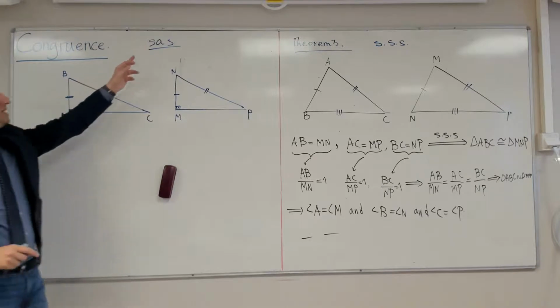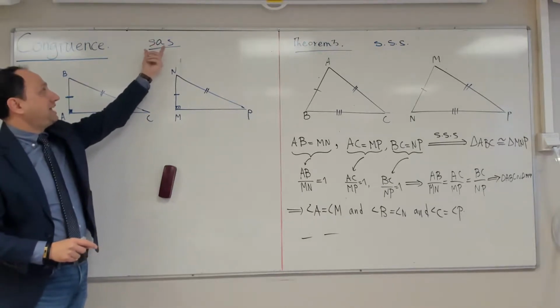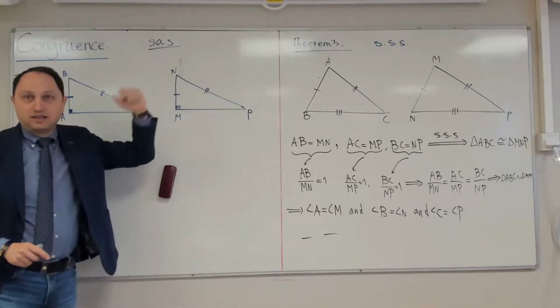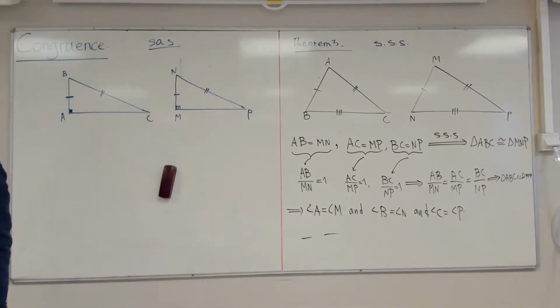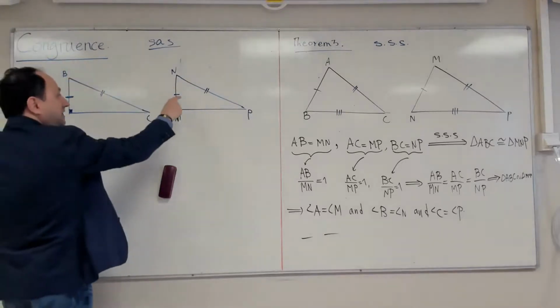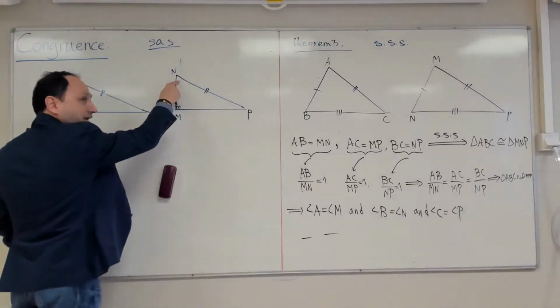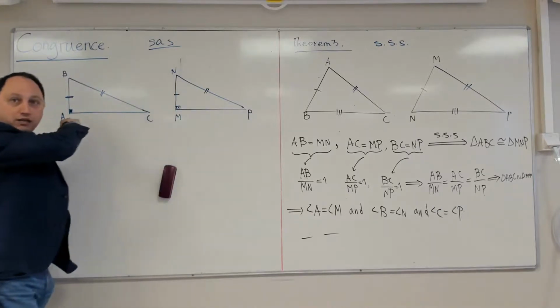Be careful. So the A should be sandwiched between these 2 S's, yes? This is why you cannot use it immediately. This is a very simple example, but a very instructive example, because you realize this angle being between is extremely important, so we cannot be in a hurry.